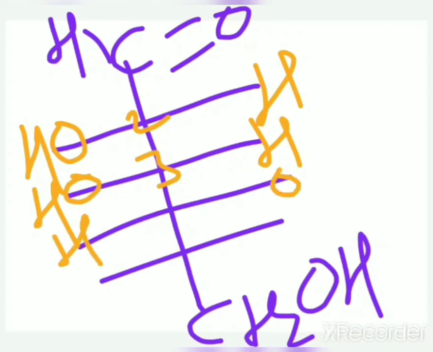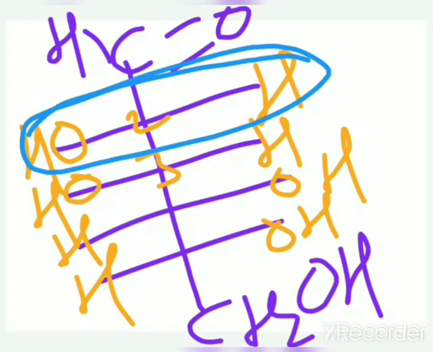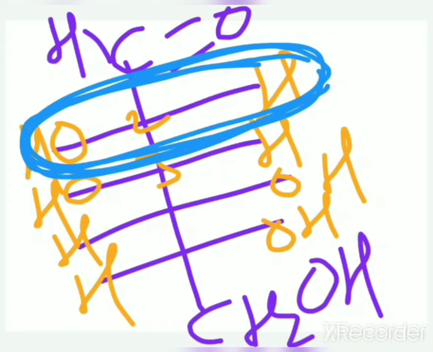This is the mannose. What is the difference between glucose and mannose? In glucose, H is on the left side, OH is on the right side. In mannose, OH is on the left side, H is on the right side.